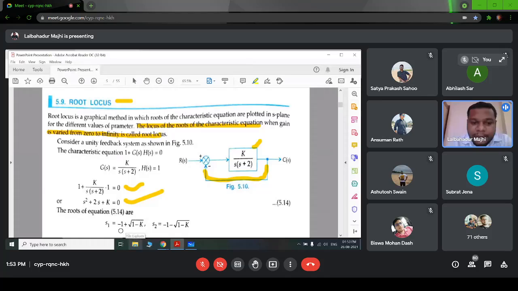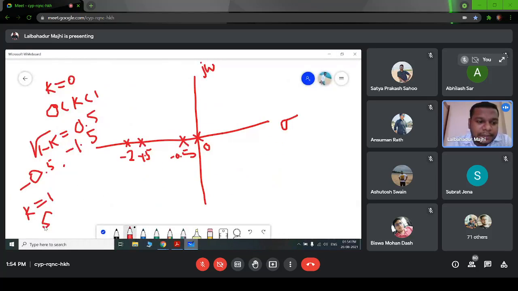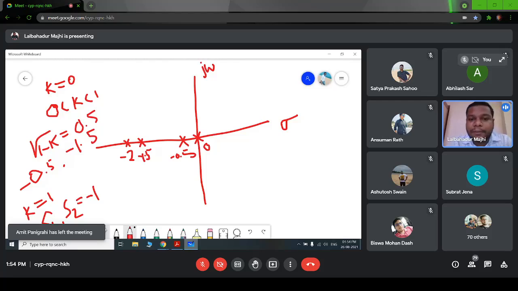So the value of s1 will be minus 1 and s2 will also be minus 1, right? That means we have a repetitive pole. So s1 and s2 will now become minus 1 when k equal to 1. So minus 1 will be here, right? So we have a multiple pole at minus 1.